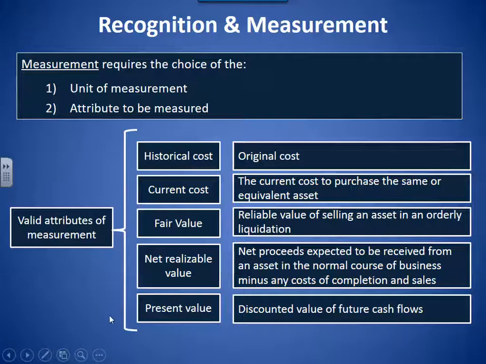So you can see that in this particular case, the conceptual framework is acknowledging that we used most of these attribute measurements in the past. We use them now, and the conceptual framework is saying that these are the valuation attributes we're going to be using in the future.